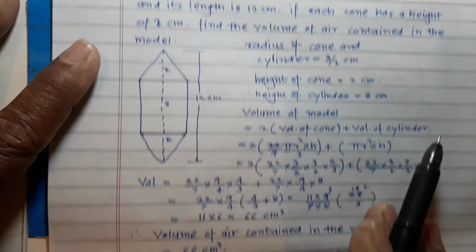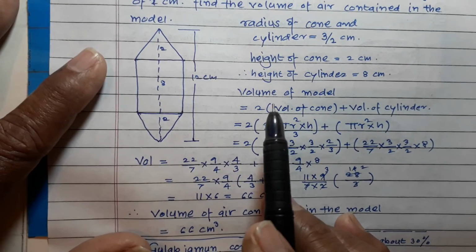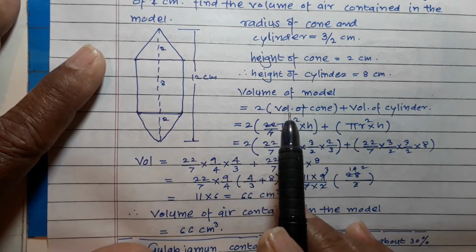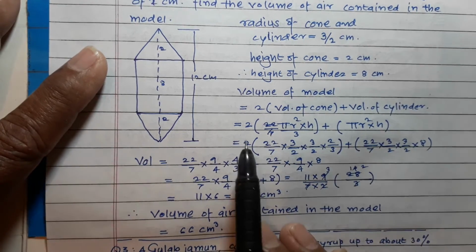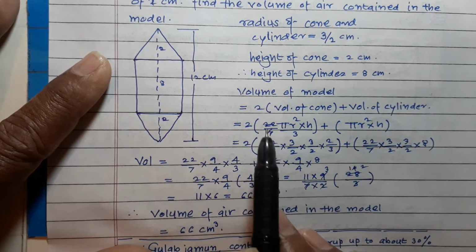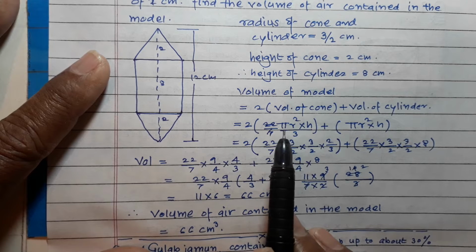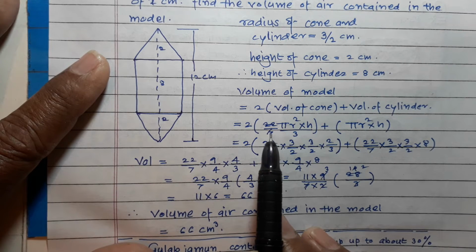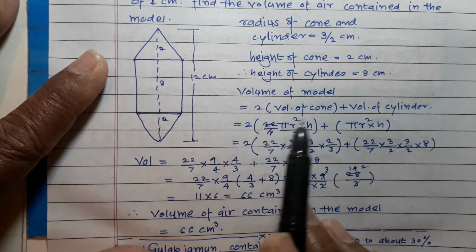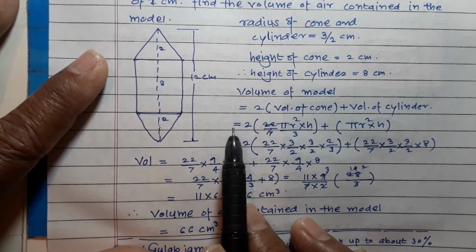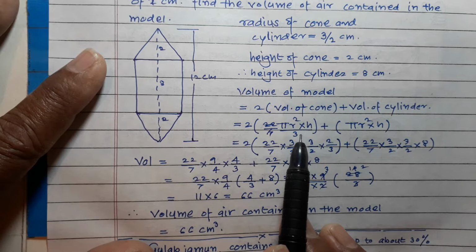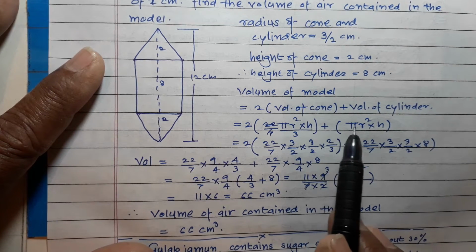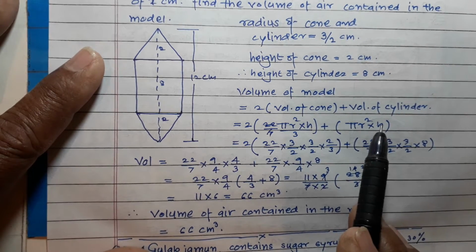Volume of the model is equal to 2 into bracket volume of cone plus volume of cylinder, which is 2 into bracket pi r square into h upon 3 plus pi r square into h.